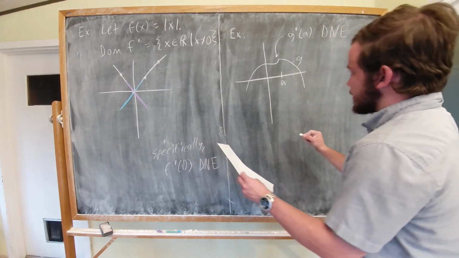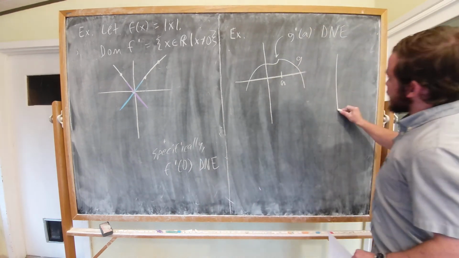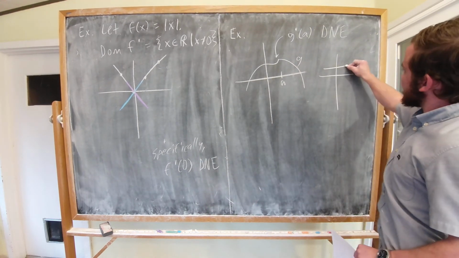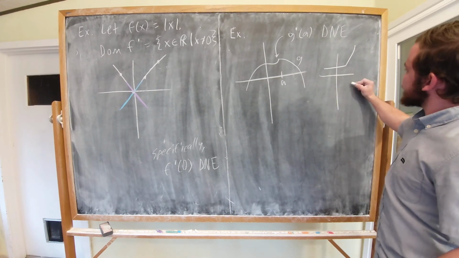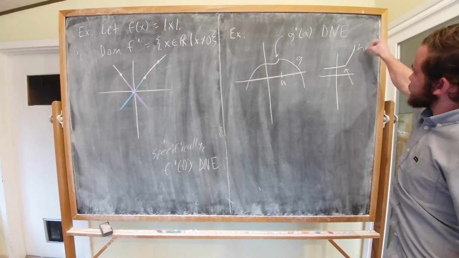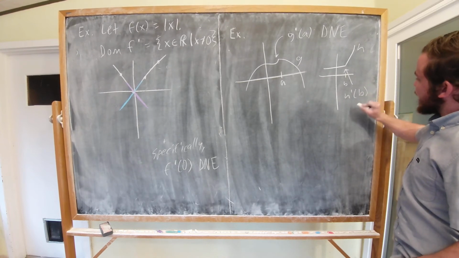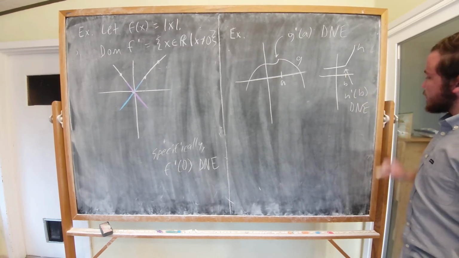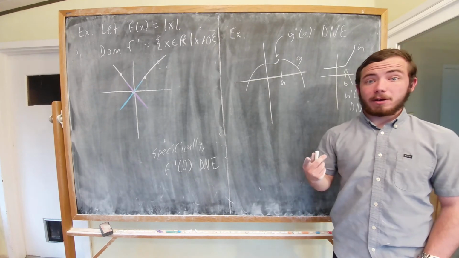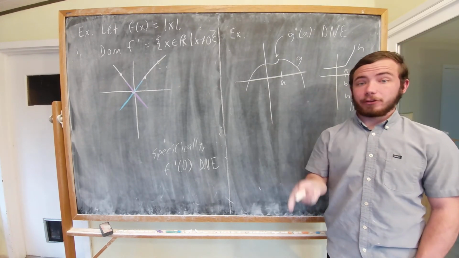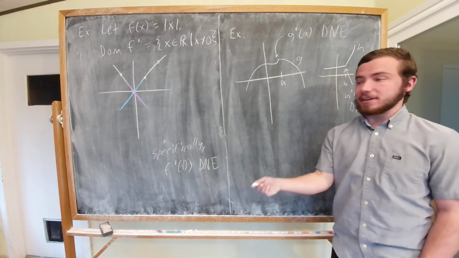There's one other important thing that causes problems. Let's do another example with a corner. Something like that. Derivative won't exist there. So this is h, and this is b. H prime of b doesn't exist. The only other thing that can possibly cause a problem for derivative is if the tangent line is vertical, because then its slope is undefined.